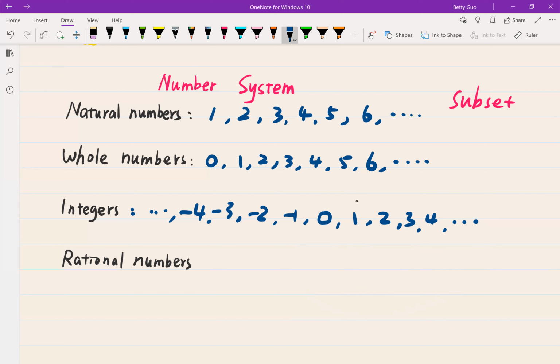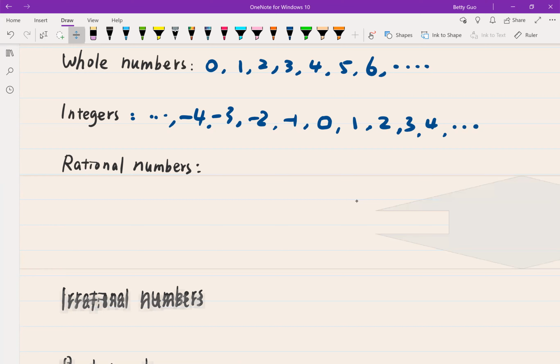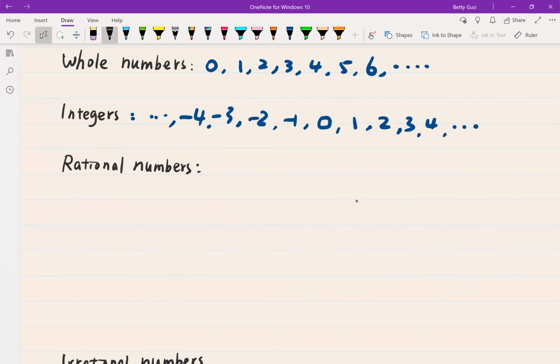Rational numbers. This concept, we're going to spend time to really understand what is a rational number. What is a rational number? We are going to see two definitions for rational numbers. The first definition: any number which can be written in the form of P over Q. P and Q are integers.